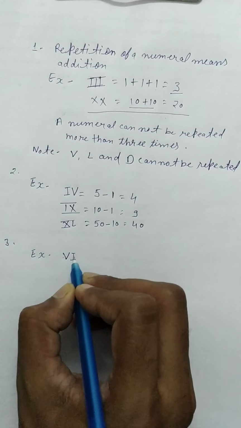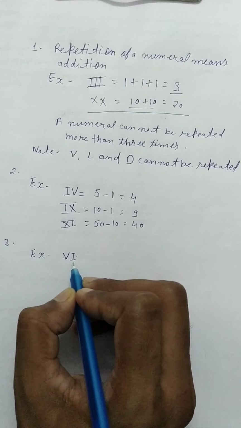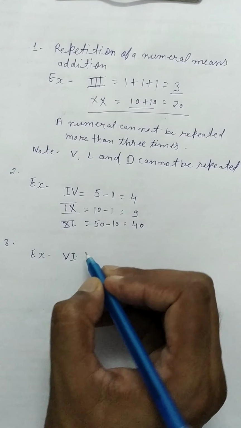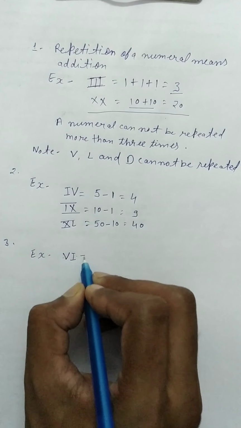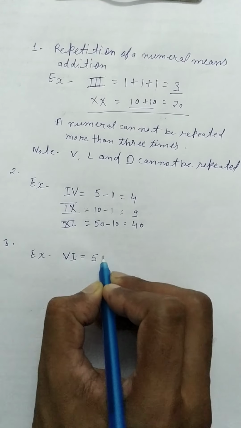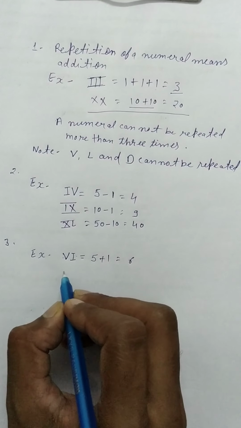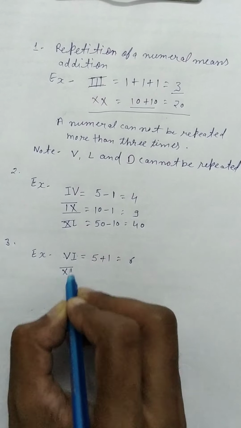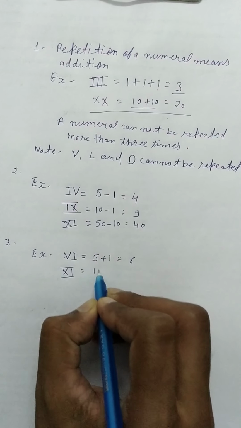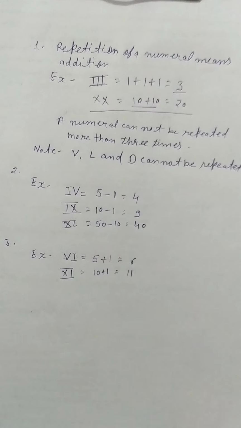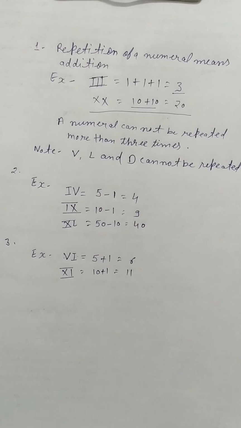This is the greater value, this is the smaller value, and the smaller value is written after the symbol. Then we add the values. This is 5 plus 1 is equal to 6. Second example, this is 10 plus 1 is equal to 11. By using these rules, we can make a number.